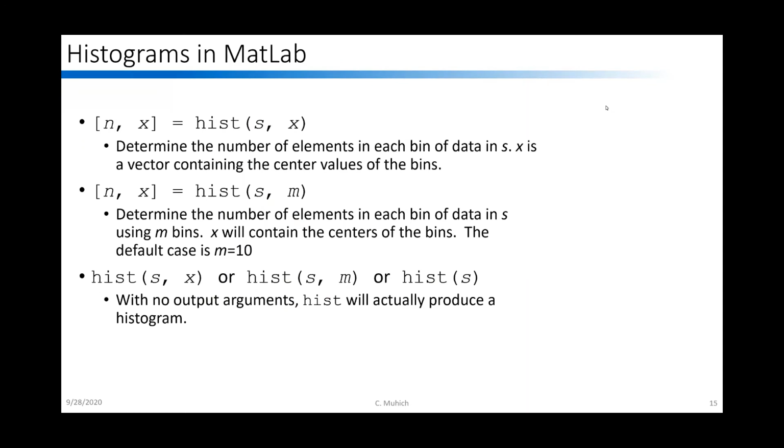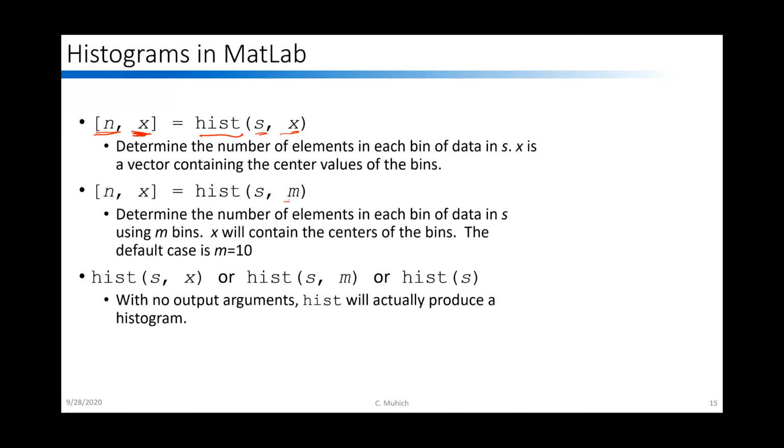Just to review, we have three options with our histogram call, that hist command. If I put in my vector of data, s, and then a vector x, the histogram will return the number of data points in s that are in bins centered on those values x.